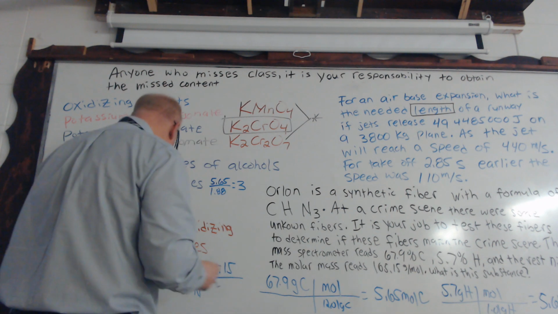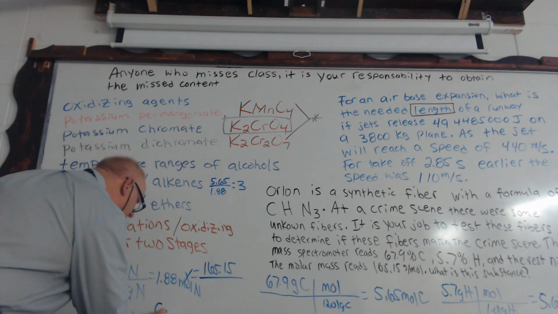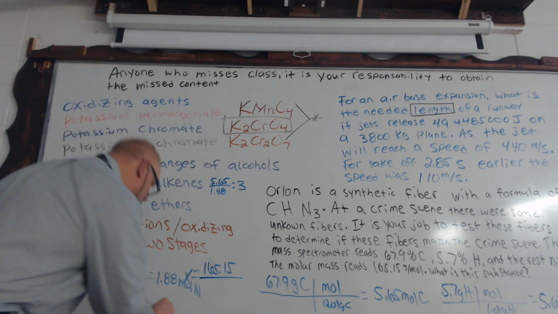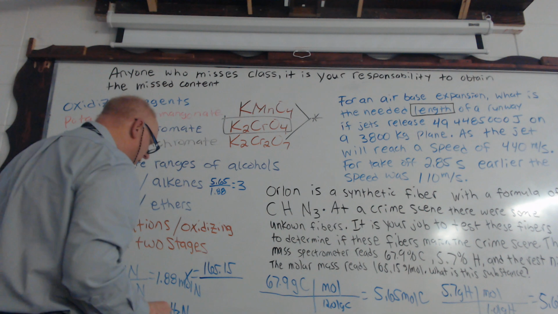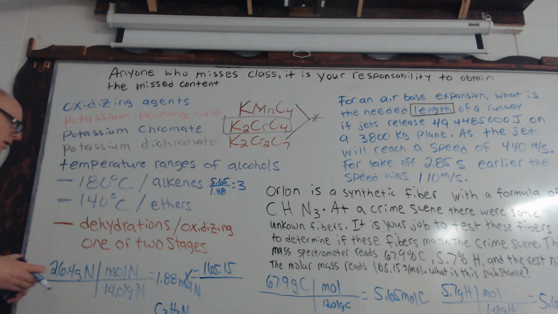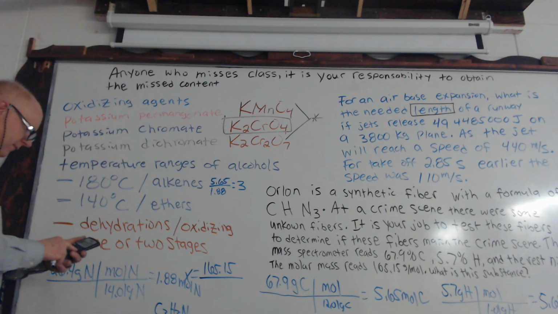So then what this is saying is we've got C3, H3, and N. Okay? Well, it's probably not the same, because what you would do is add together the atomic masses.